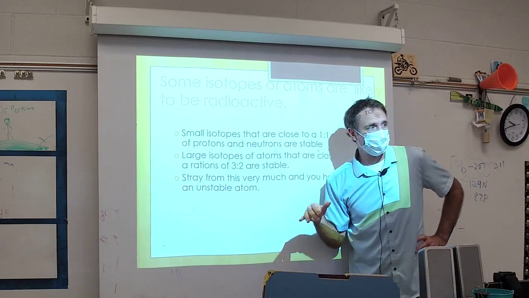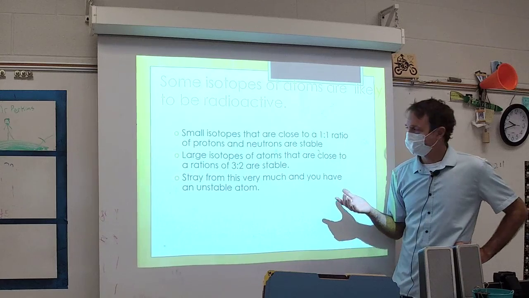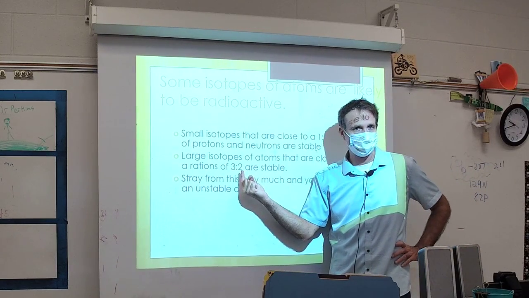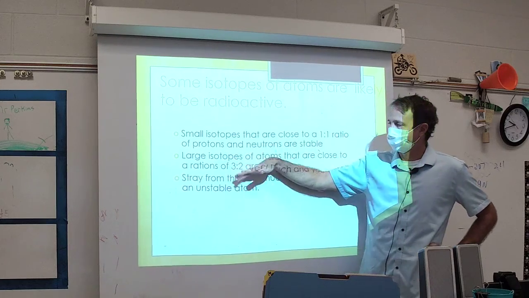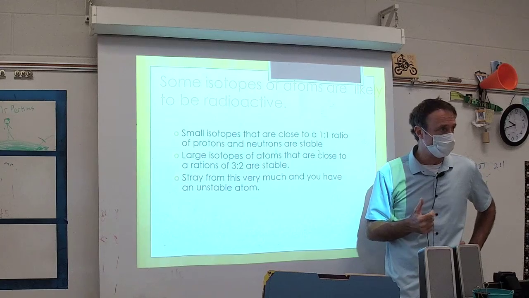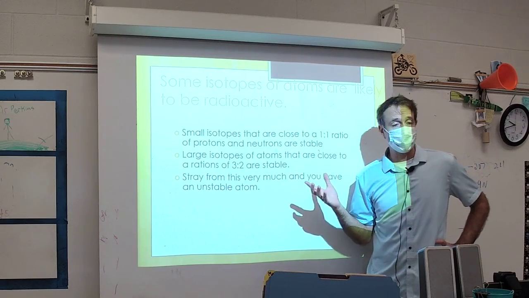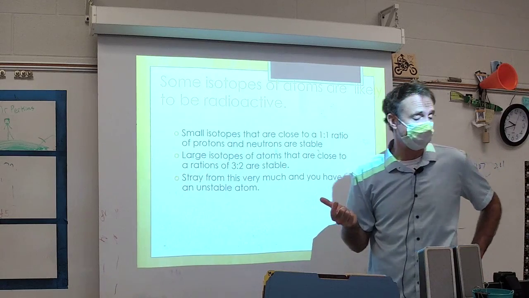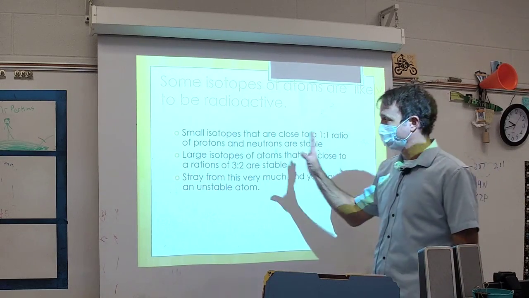If you're a large atom like lead, you need to have about 3 neutrons to every 2 protons, okay? If you get off of this ratio, then you become what we call an unstable isotope of your atom, and you'll very likely fall apart very quickly and turn into another atom, okay? We'll talk more about this later.